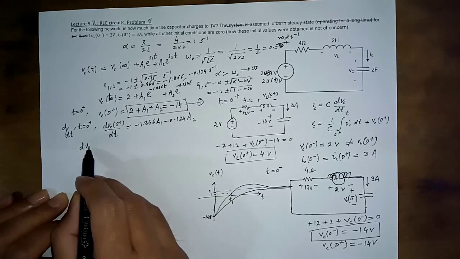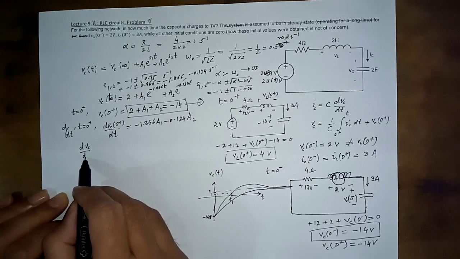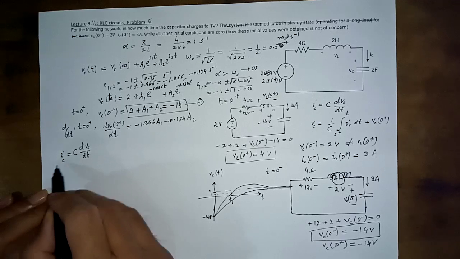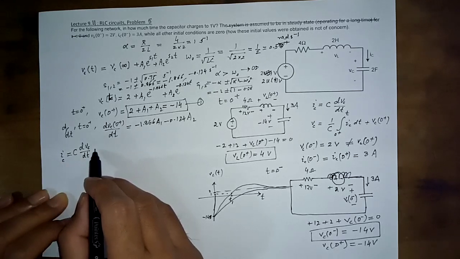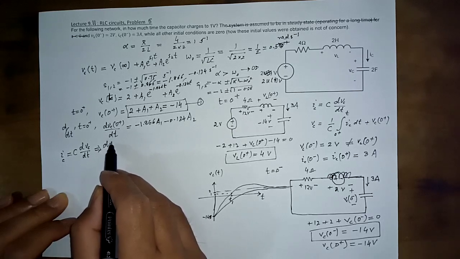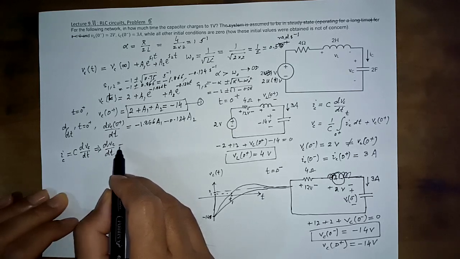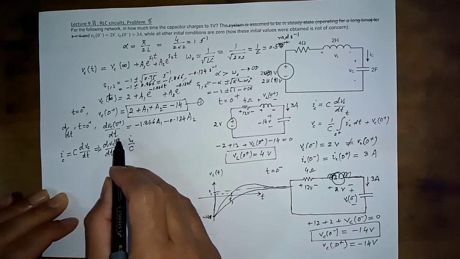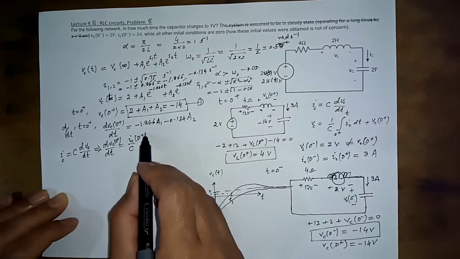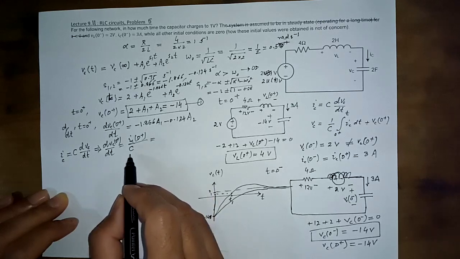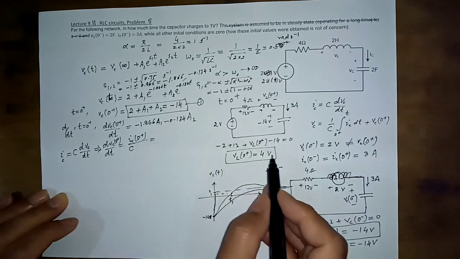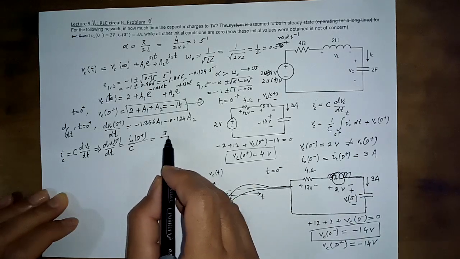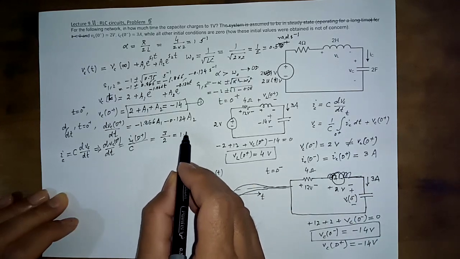Any expression that involves a dv by dt term, yes, there is C dv by dt, and that is going to give us this thing. So this implies that dVc by dt is equal to ic by C, and dVc at 0 plus is ic at 0 plus over C, and ic at 0 plus is iL at 0 plus, which we already know is 3 over 2, which is 1.5.